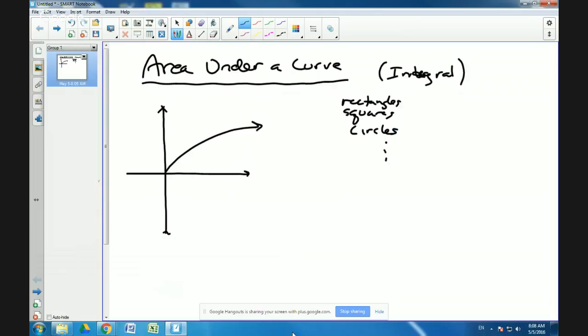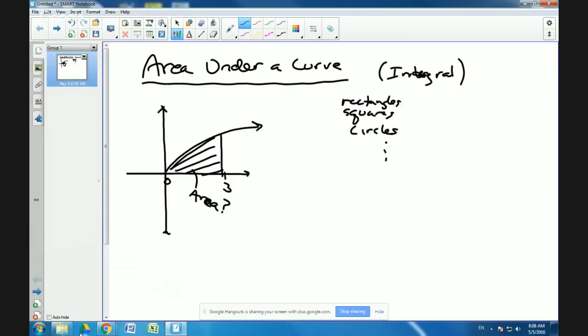Okay. The next step is to be able to calculate an exact area under a shape that curves. And that is the focus of what we call integrals in calculus.